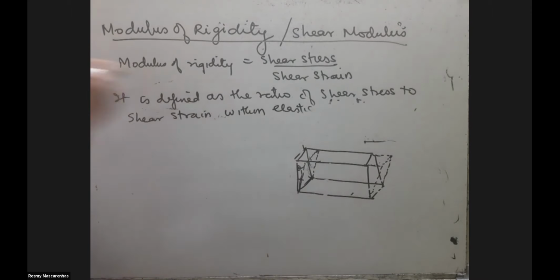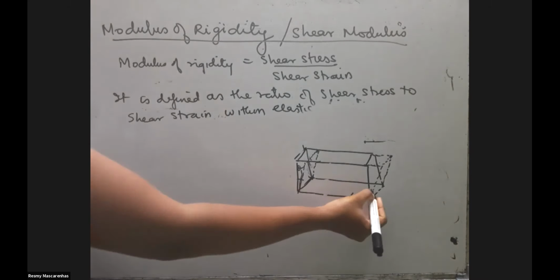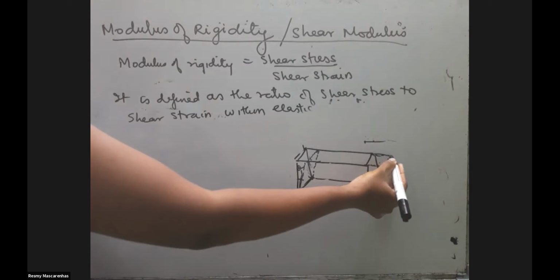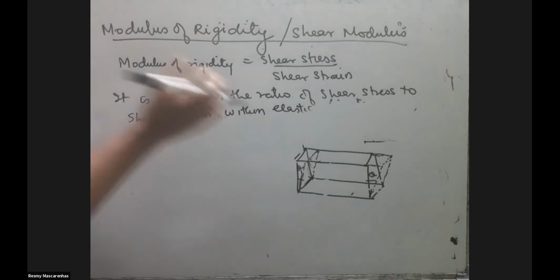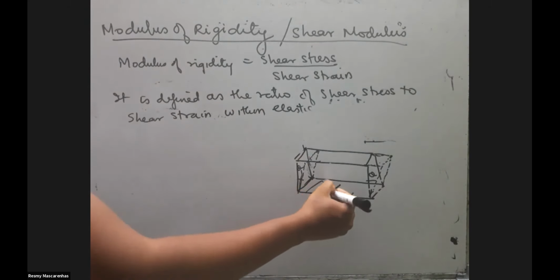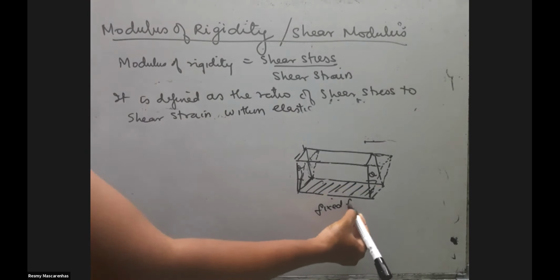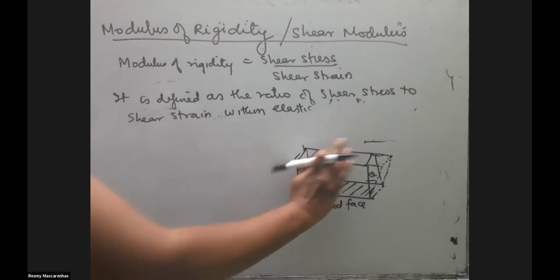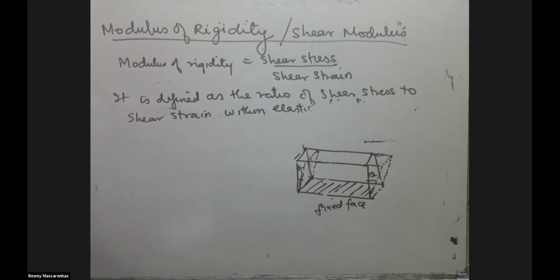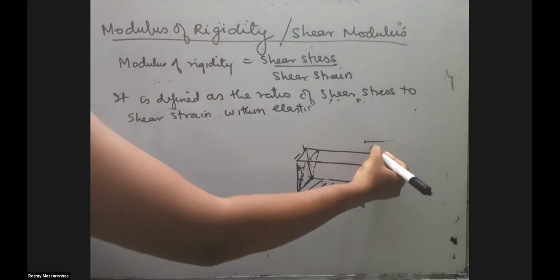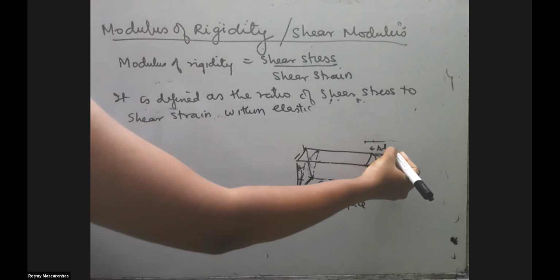This angle will be theta. It's just that this is a fixed face, and this whole box top part will shift. This is the delta L.